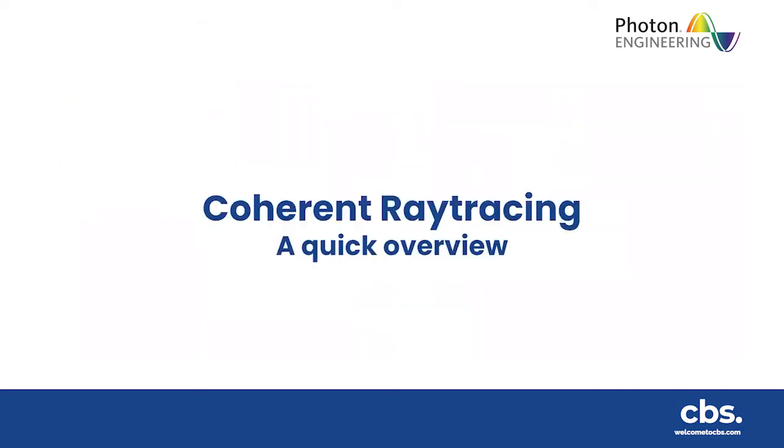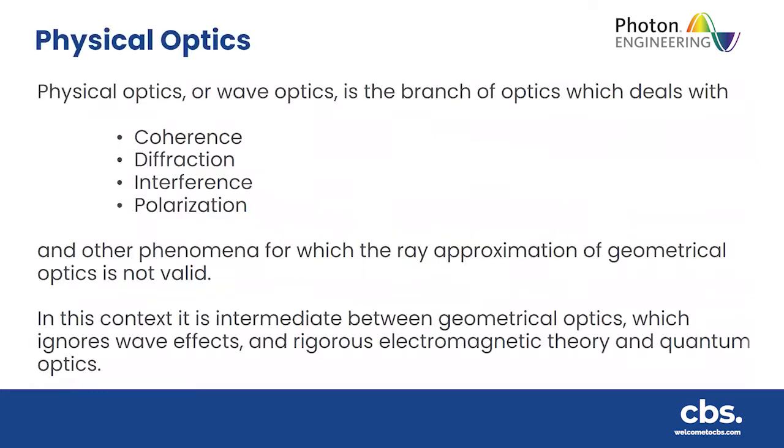So just a very quick overview of how Fred models physical optics. It does so using a technique that we call coherent ray tracing, or more specifically, Gaussian beam decomposition. So first, physical optics. What is physical optics?